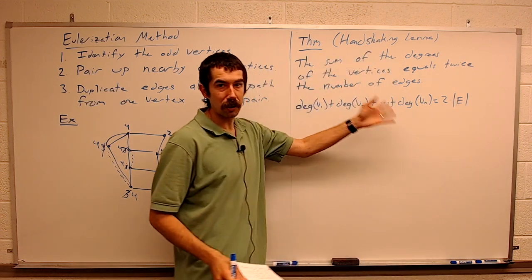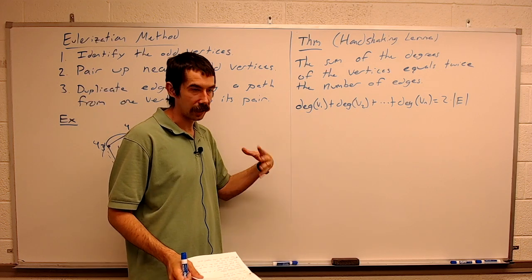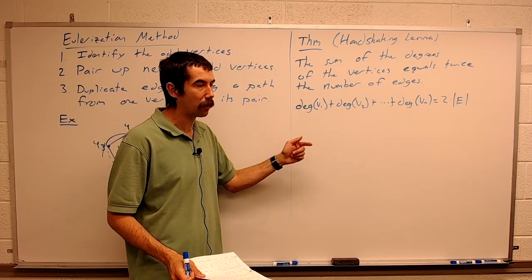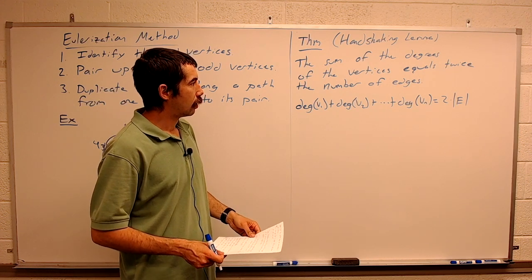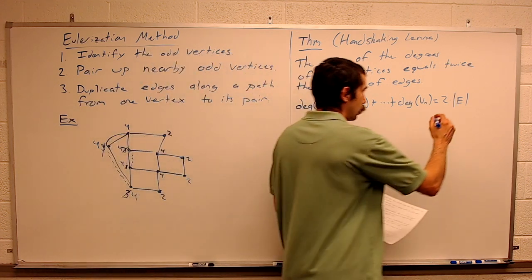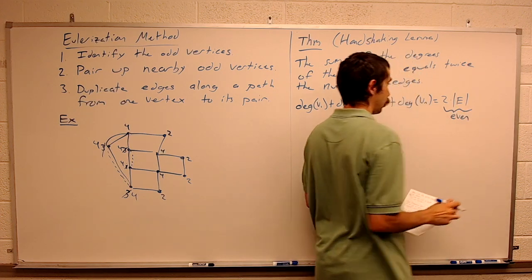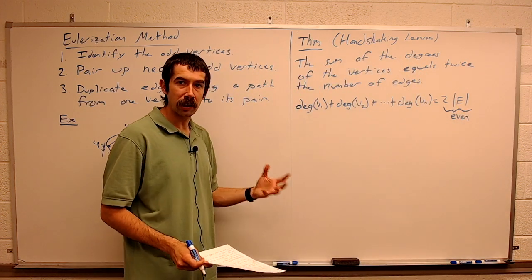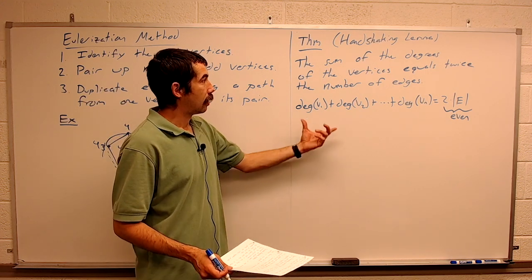And here this absolute value bar just denotes the size of the number of edges, like you count the number of edges. Okay? And so this here, 2 times some number is even. Right? 2 times any whole number is even.